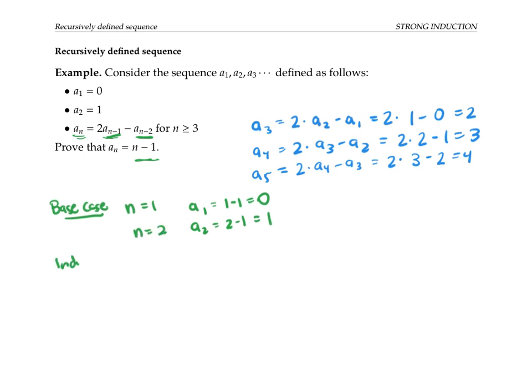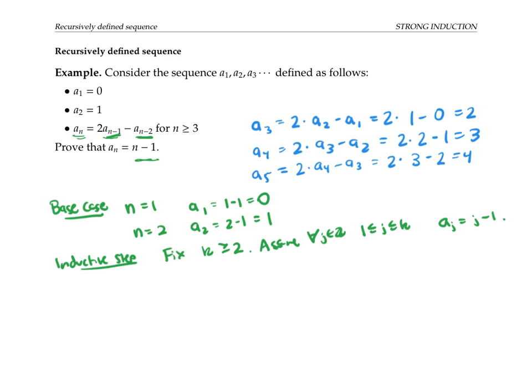Next, the inductive step. So we're going to fix k. Actually, I'm going to fix k bigger than or equal to 2 because the base cases get us up to n equals 2. And then we're going to assume that for all integers j in between 1 and k, all the way up through k, our proposition that we're trying to prove is true. That is, a_j equals j minus 1.